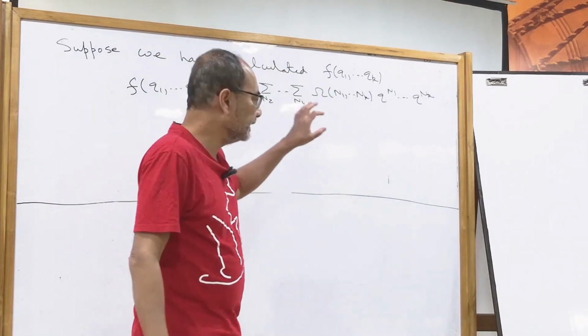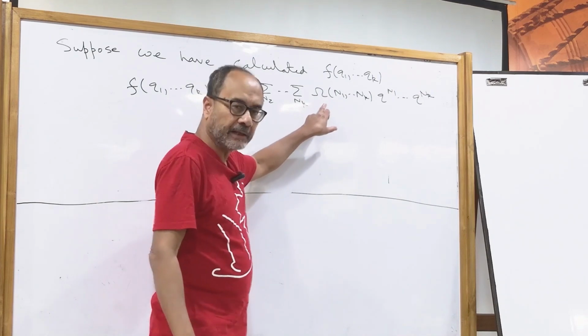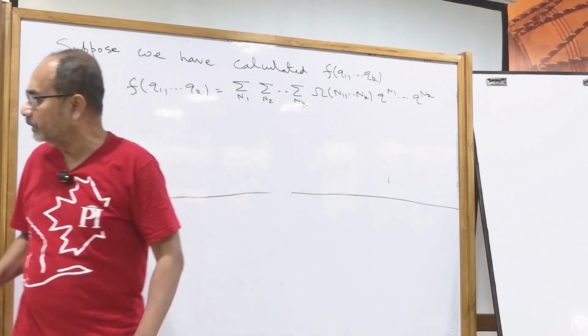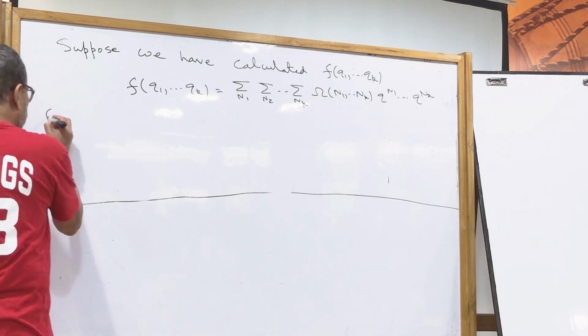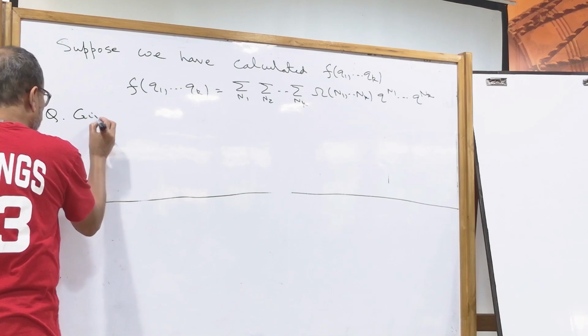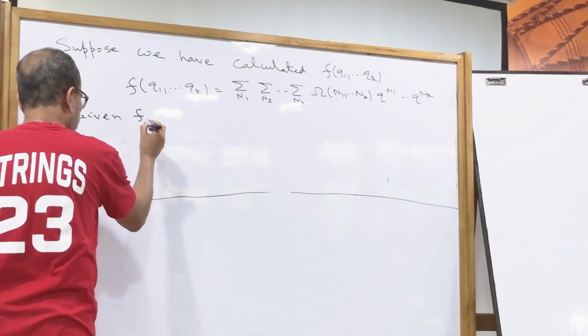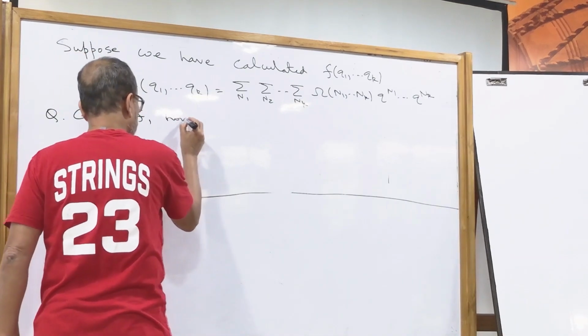I am assuming that this f is such that we are actually calculating the index, right? Which means that we have already put the minus sign that is needed for the fermionic oscillators. So the question is, given f, how do you calculate omega?